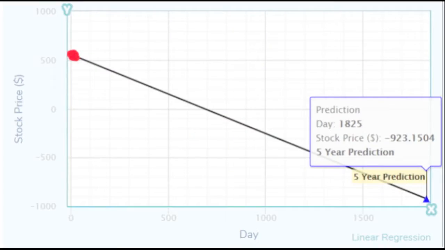As a result, we concluded that after 5 years, the company's stock price would have a value of negative $923.15 a share. Then we were able to calculate the total value of our BP PLC stock by multiplying negative $923.15 by 20, which is the number of shares, to get a result of negative $18,463.